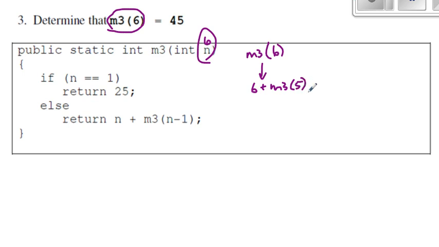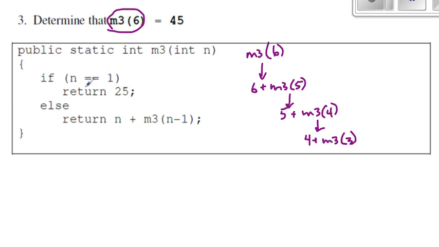Well, I can't figure out that answer till I know what M3 of 5 is. So I'm going to figure out what M3 of 5 is. And when I do that, now my n is the value of 5. It's not 1, so I'm going to return 5 plus M3 of 4. Now I have to figure out M3 of 4, which is 4 plus M3 of 3.